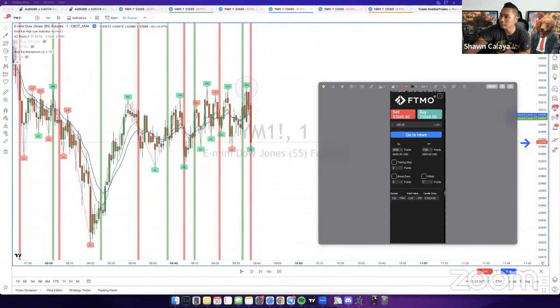Sorry. See if I can take a screenshot of what my computer looks like.